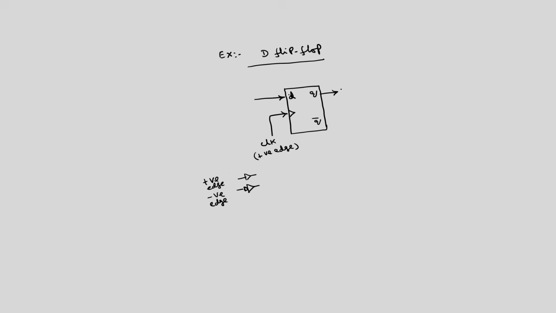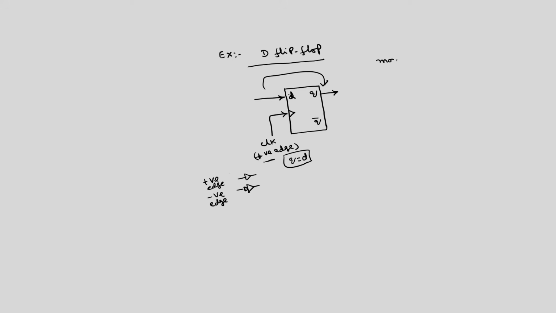So, we have seen that the output Q is equal to D simply. At every positive edge, the output Q becomes simply D. Whereas at the other 3 portions of the clock, which are negative edge, positive level, negative level, the output remains in the previous state. Only at the positive edge, whatever the input D is transferred to the output.